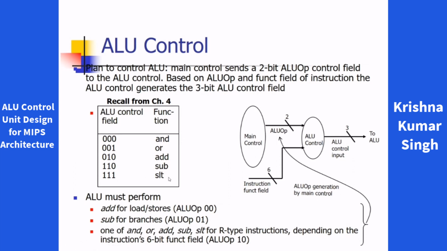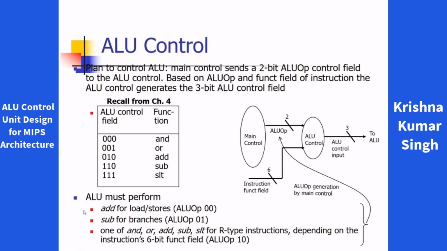So the main control sends a 2-bit ALU operation control field to the ALU control. Based on the ALU operation and the function field of the instruction, the ALU control generates 3 bits of ALU control field. So the ALU must perform the following operations.